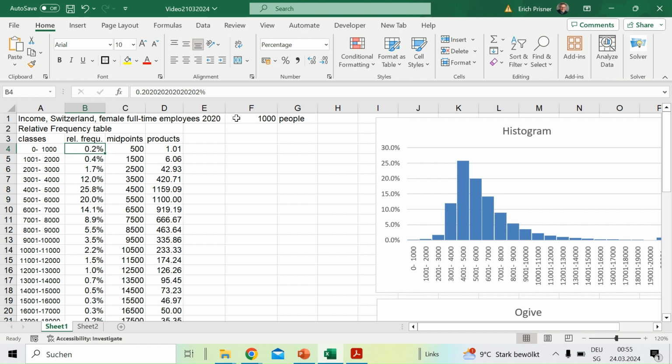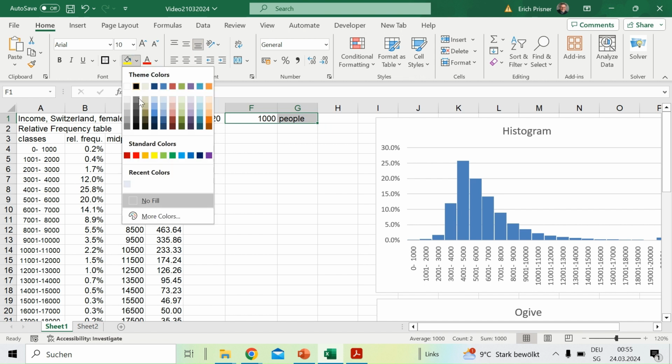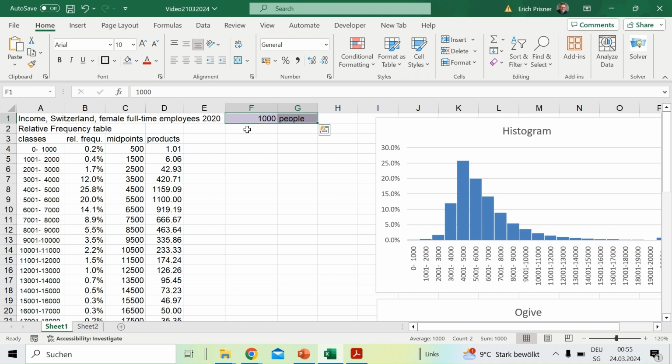And of course, this is an assumption here. Maybe I color this a little to indicate this is something which is not true. We don't have 1,000 female full-time employees in Switzerland, but because the number doesn't matter at all, we can just go on with this assumption.